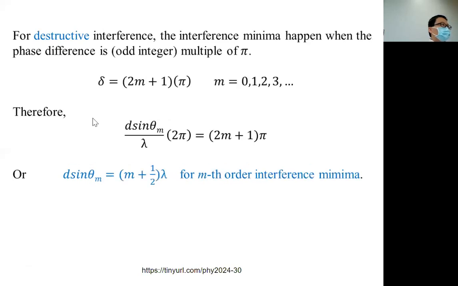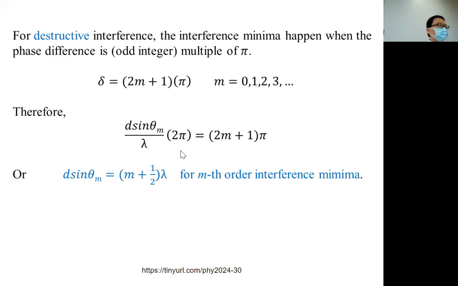On the other hand, if the phase difference due to path difference is equal to (2m plus 1) times pi, that is basically half of 2 pi, like 1/2 times 2 pi, and then 3/2 times 2 pi, etc., with m again equal to 0, 1, 2, 3, then this is the destructive interference condition.